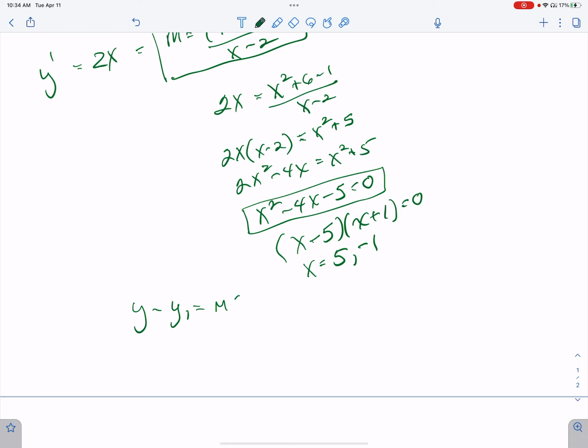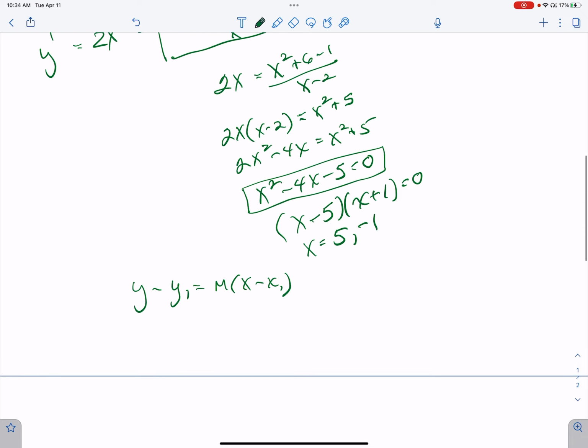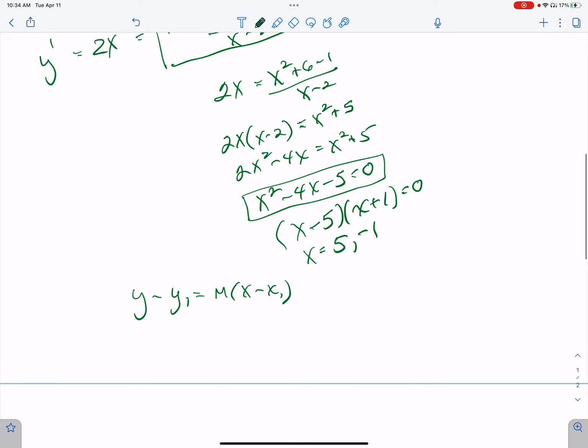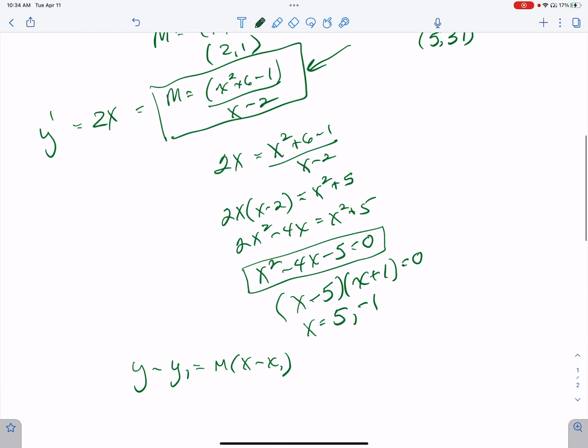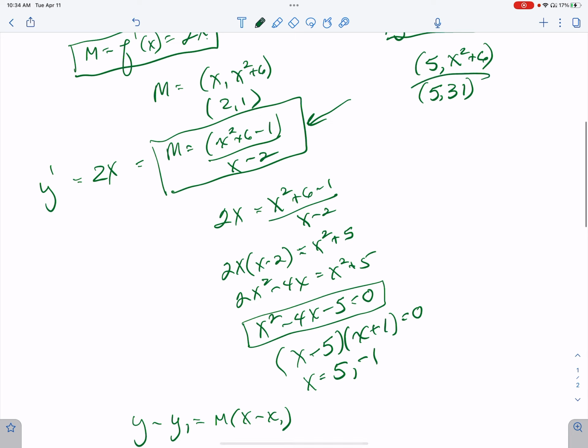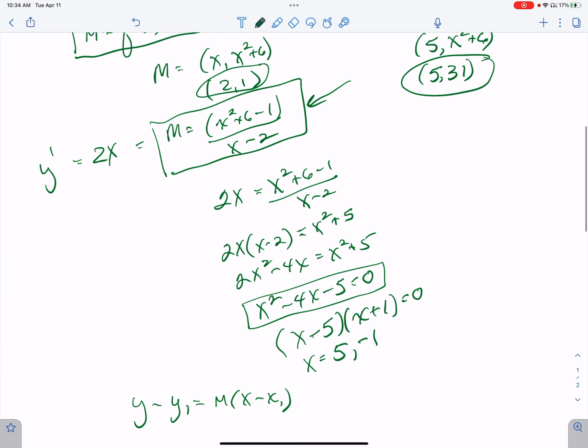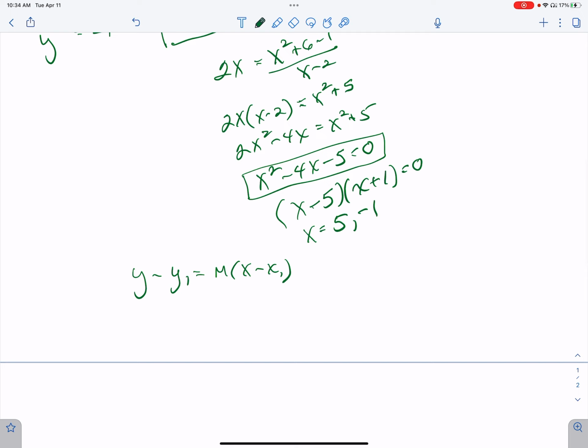y minus y1 equals m times (x minus x1). Now, keep in mind that we could use either this point, which is the point of tangency, or we could use (2, 1), as long as we had the slope. So what's everything that we need here?